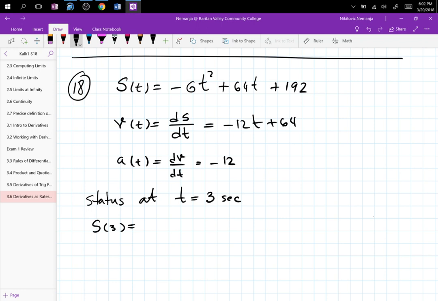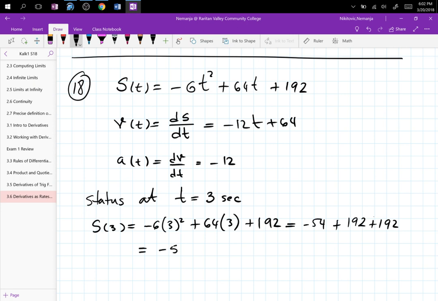It's going to be negative 6 times 3 squared plus 64 times 3 plus 192. And we can compute this. So 3 squared is 9, that's negative 54. Plus 64 times 3, that's 192, plus another 192.